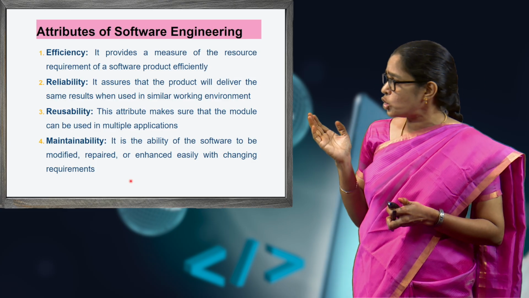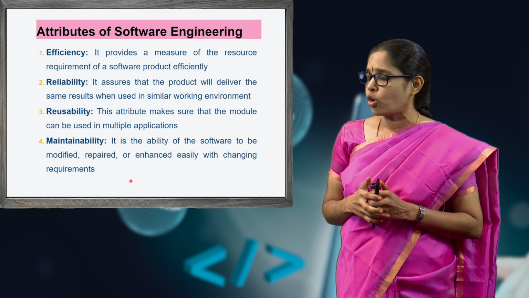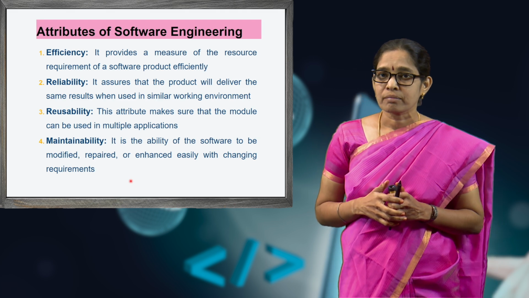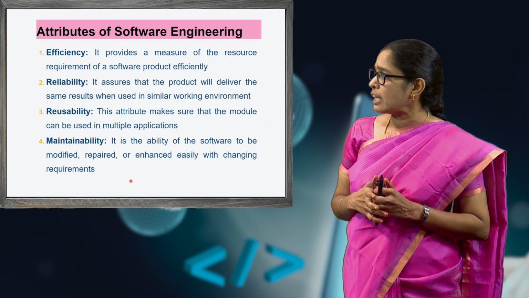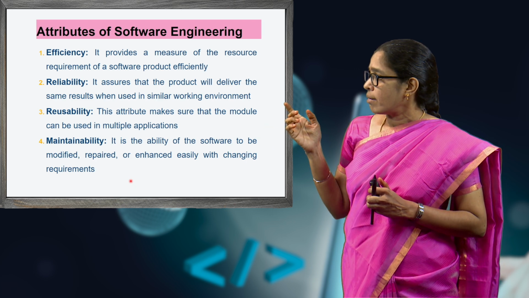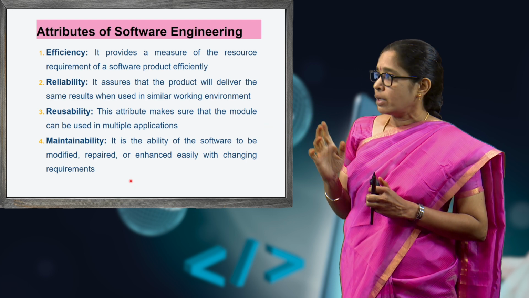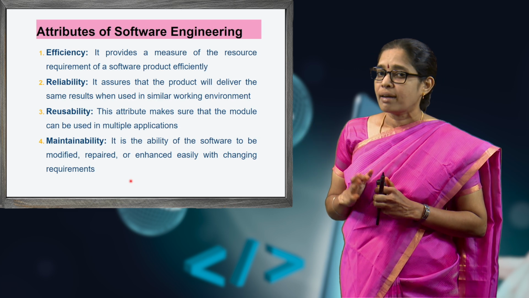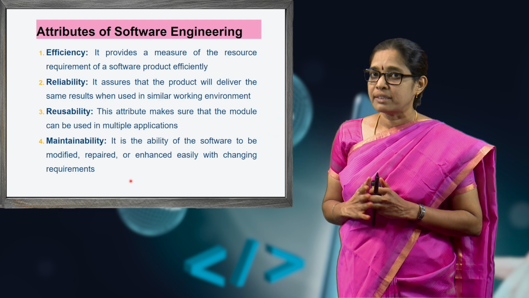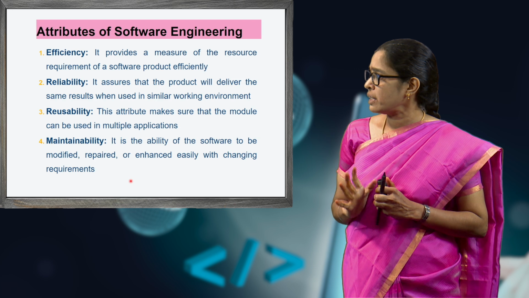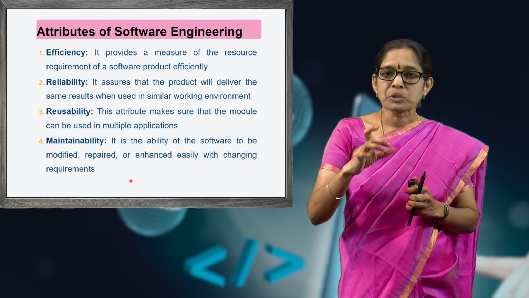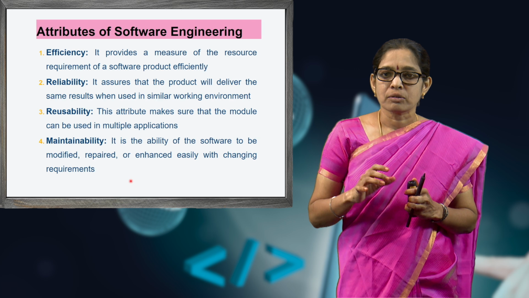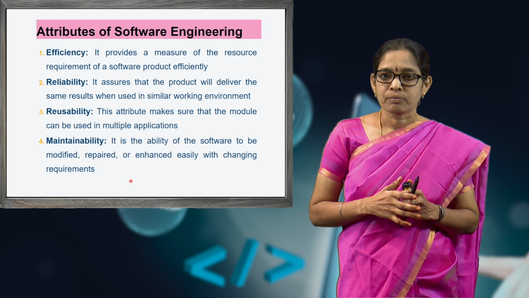Then the next topic is attributes of software engineering. Here there are basically 4 attributes: efficiency, reliability, reusability, and maintainability. First one, efficiency, measures how the resources are consumed for the particular product.